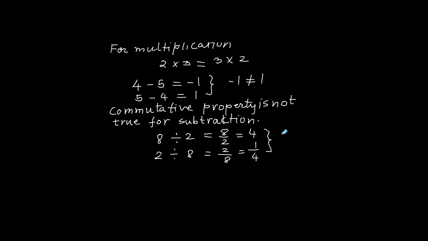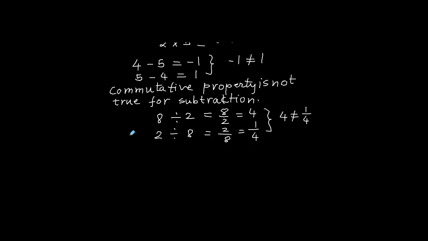So 4 is not equal to 1 over 4. So commutative property is not true for division.